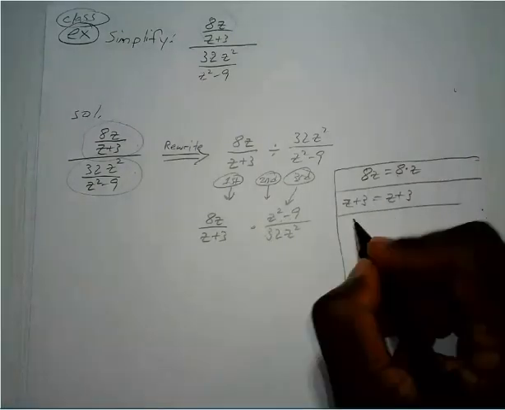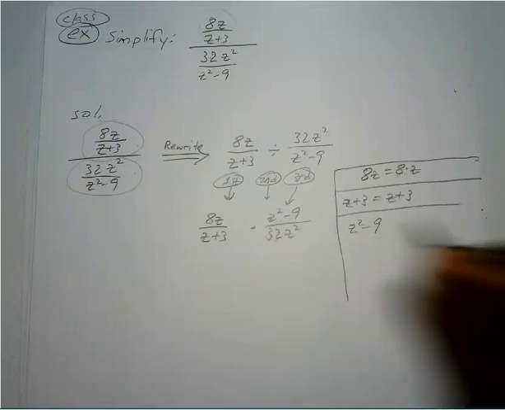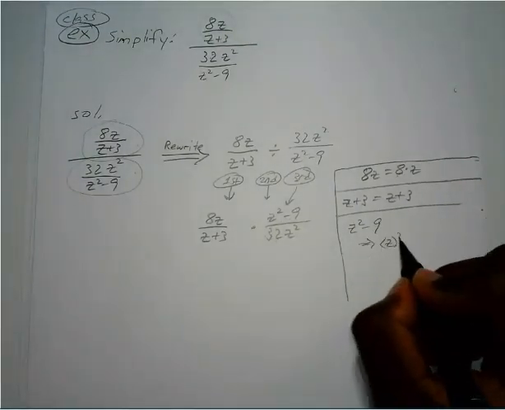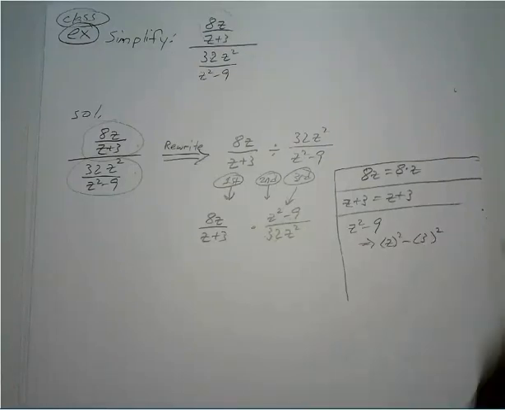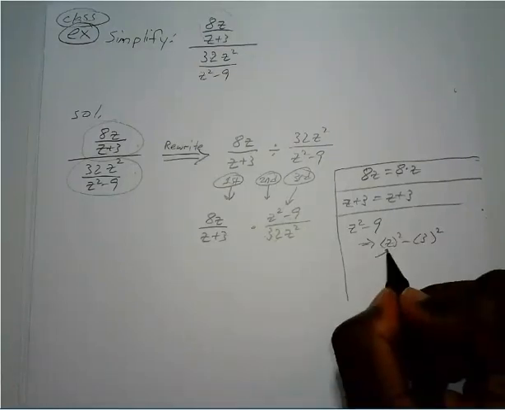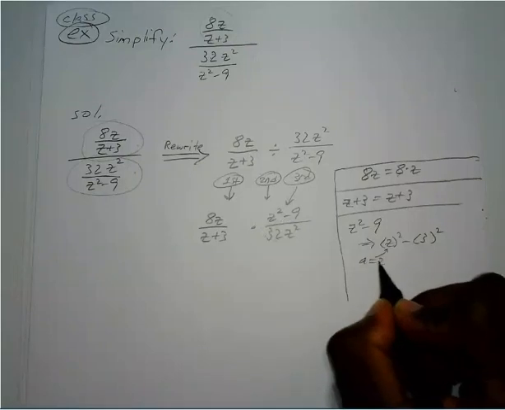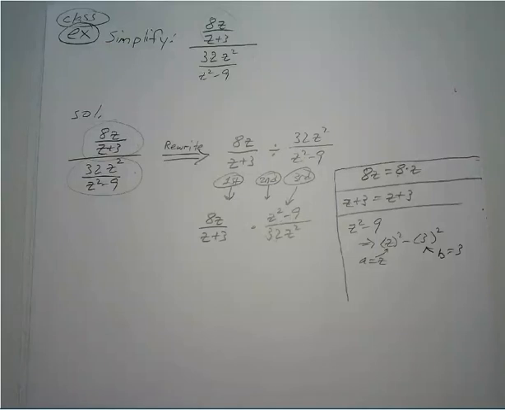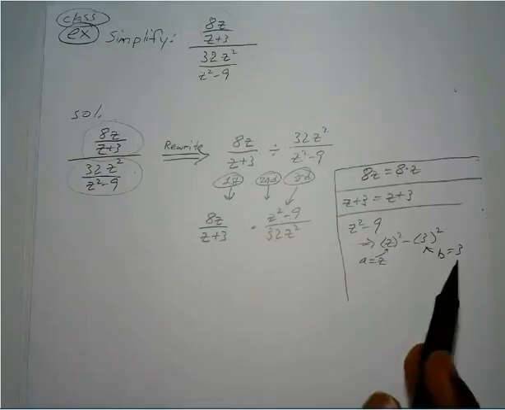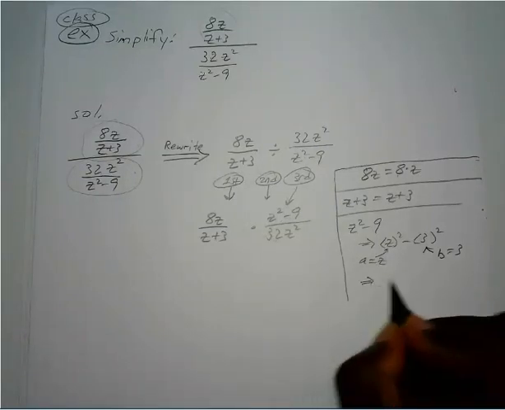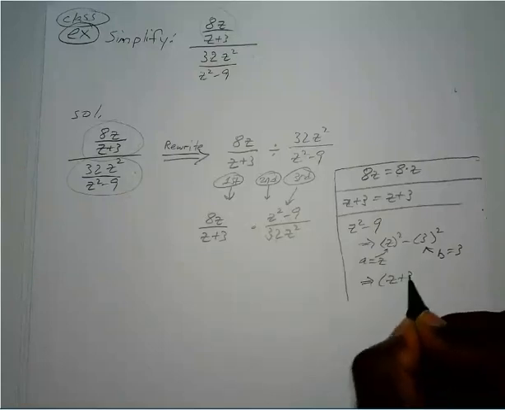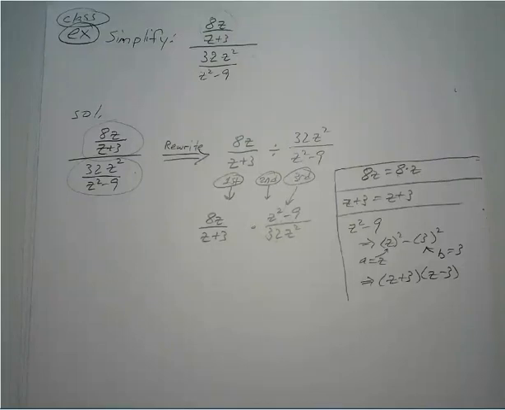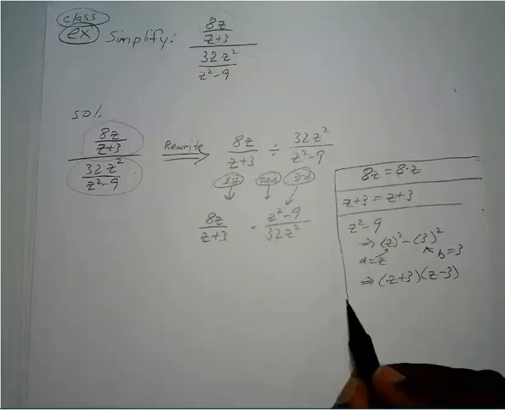That's just z squared minus 3 squared, where your a is equal to z and your b is equal to 3. So that's just a plus b times a minus b, so that's z plus 3 times z minus 3. You got to recognize your difference of squares and difference of cubes and all of those.